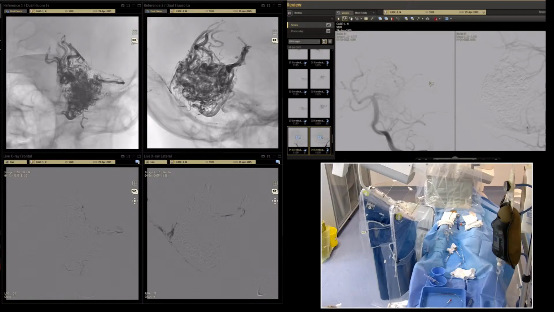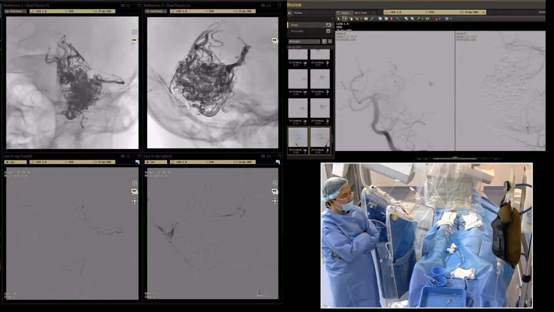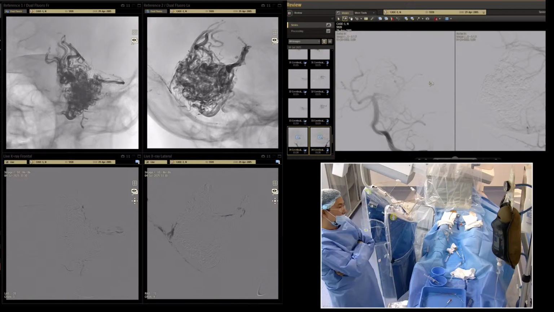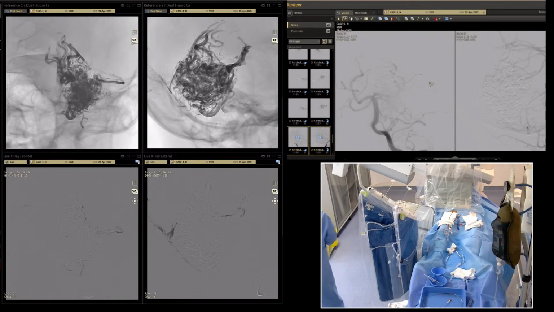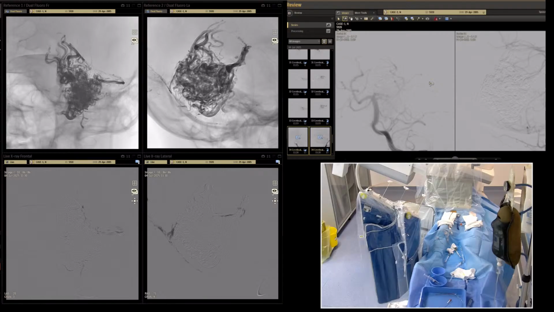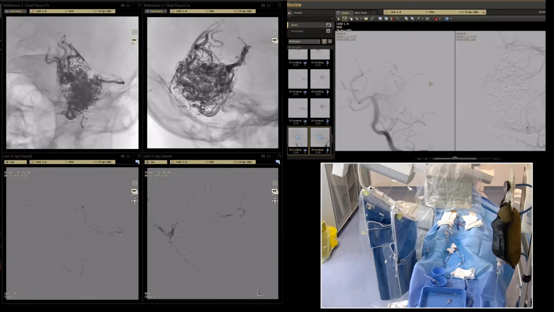Okay, let's wait a little bit. And then we can take the meso. Before the retrieval of both microcatheters, we can inject a little bit of the meso. It's Shimon Maimon's technique. We learned it a long time ago, and also René Chapeau is using this technique.